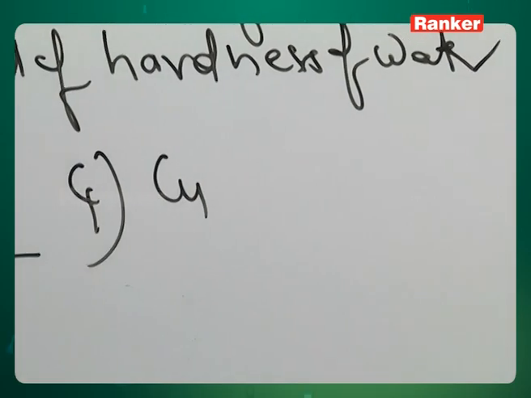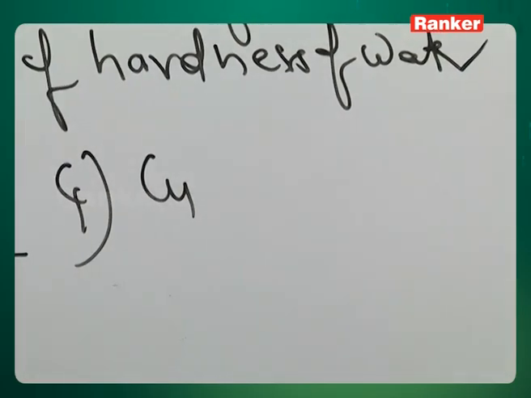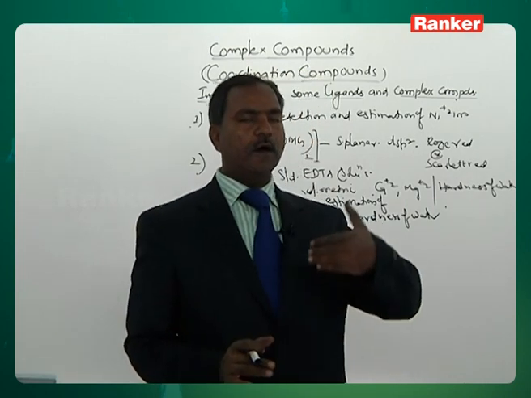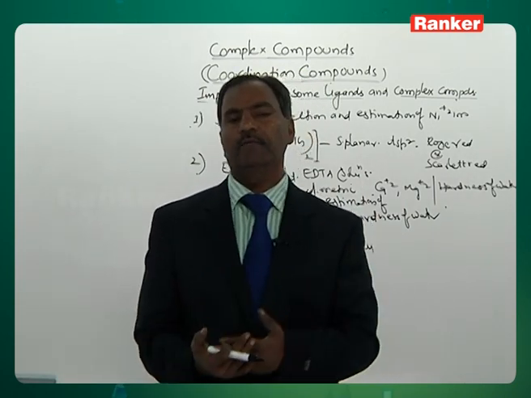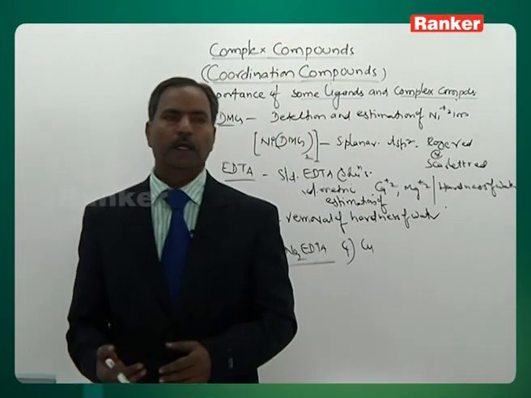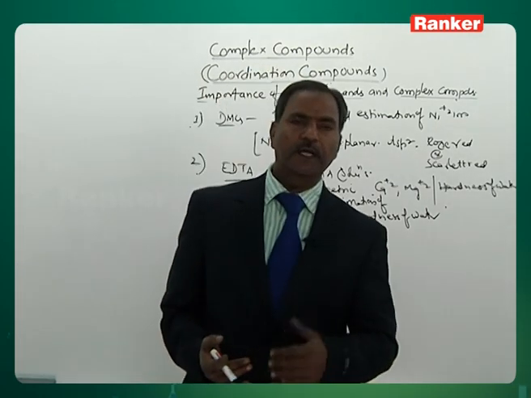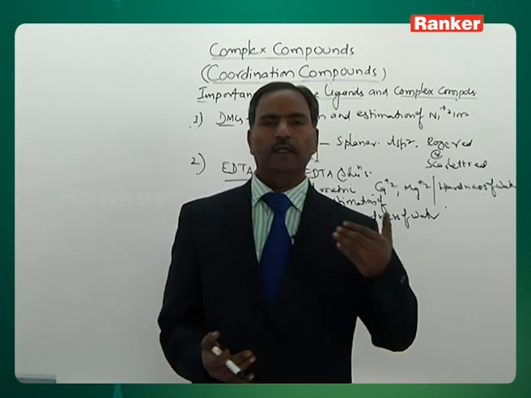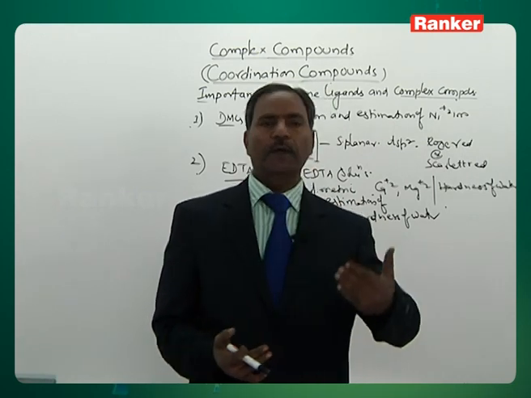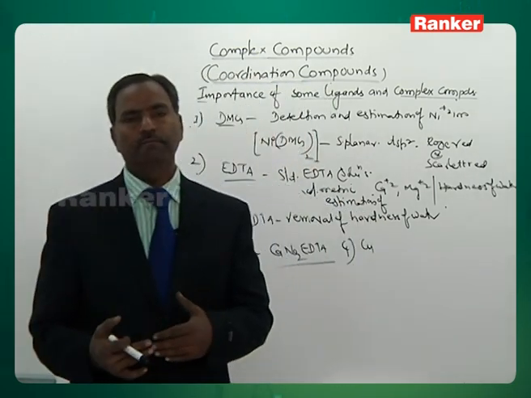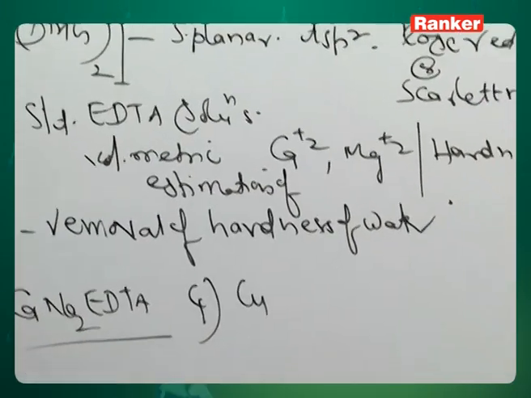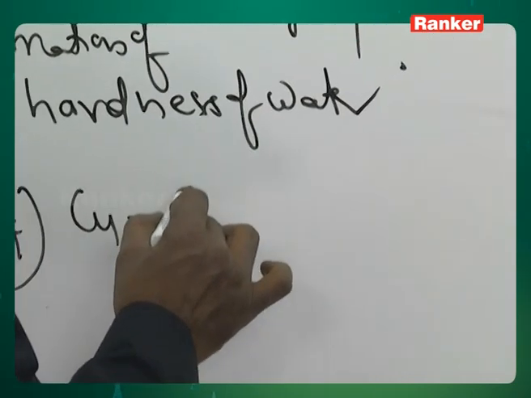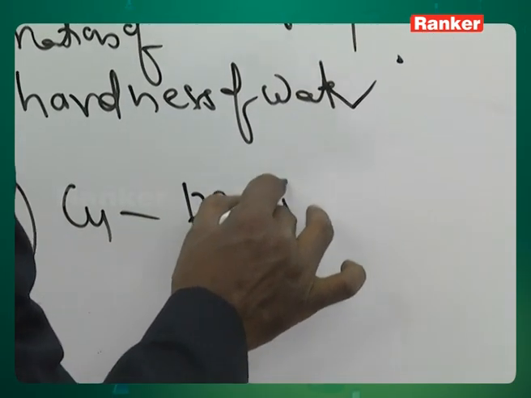Next, copper is required for our body, but in trace quantities only. Excess copper in the body acts as a toxic element. Once we diagnose that copper is there in our body more than the required amount, for its removal we use the ligand penicillamine.